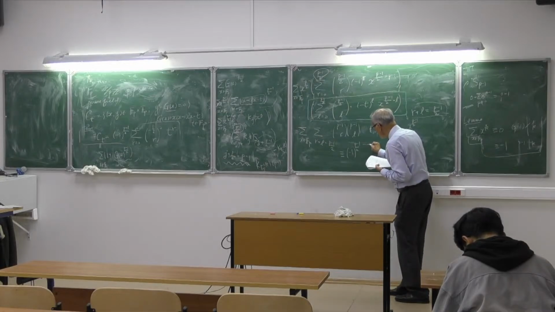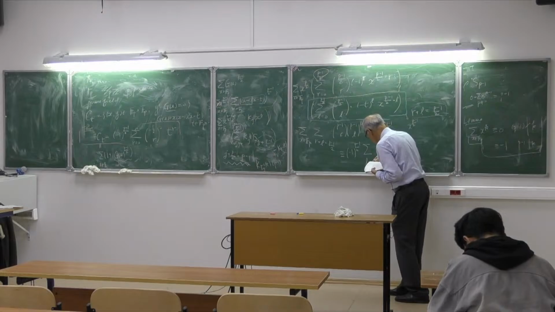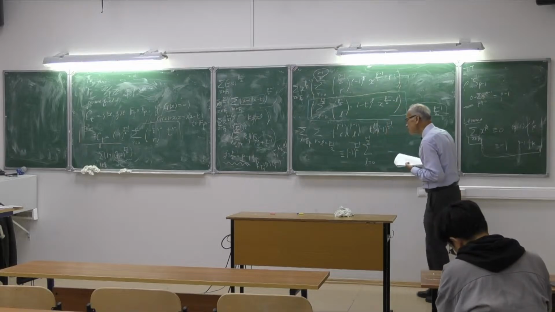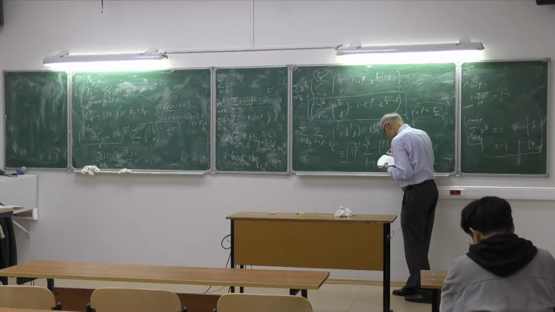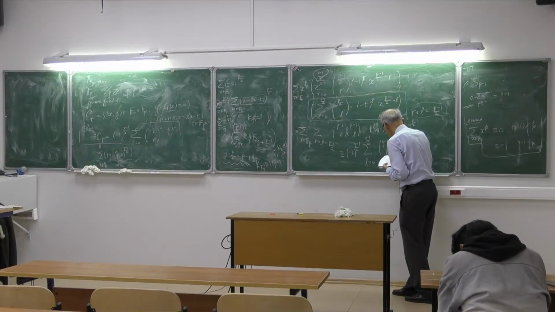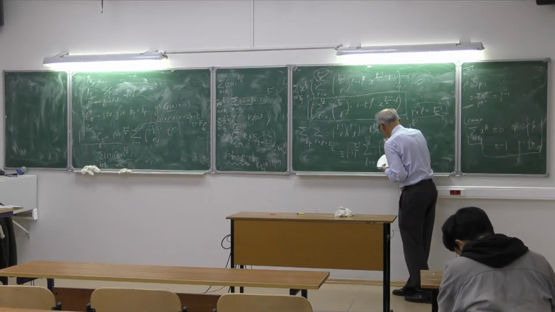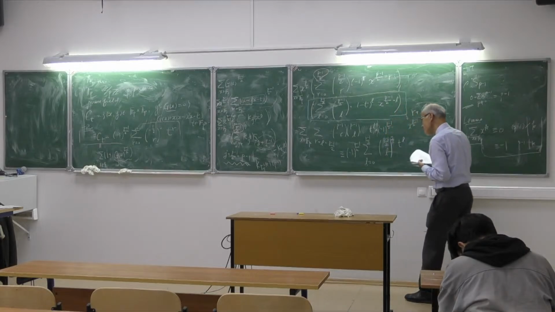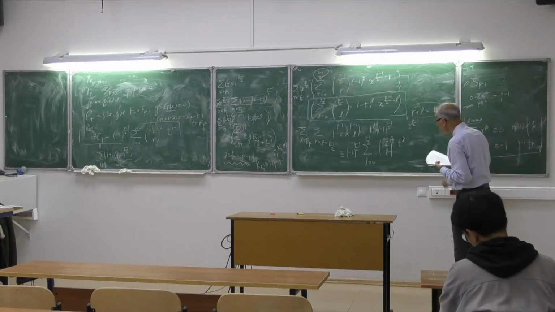That is, if you express it only in L, then you get p minus 1 choose L squared, times t to the power L, mod p.